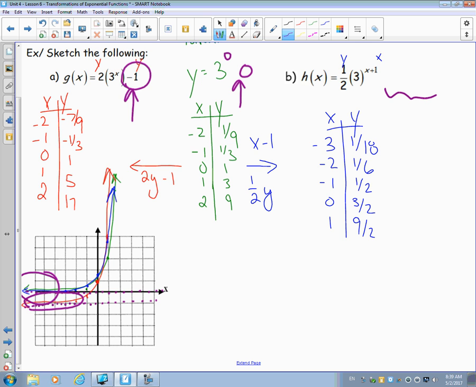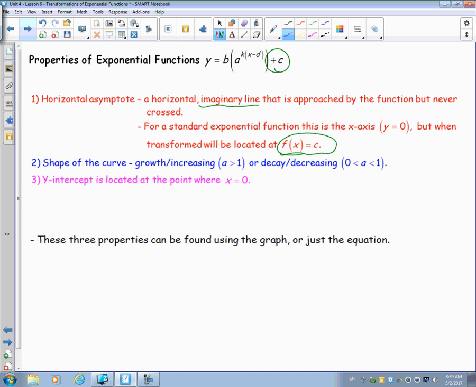If you look at B, there's no number over here. It also approached 0. If you look at your blue graph, you can see it gets closer and closer to the x-axis, but never hits it. So that's property number 1, the horizontal asymptote, the c value. Okay, it's an equation, so we usually write it as y equals whatever c happens to be.